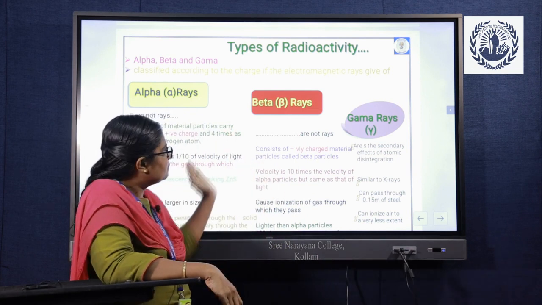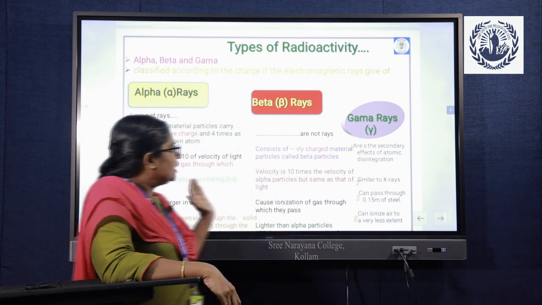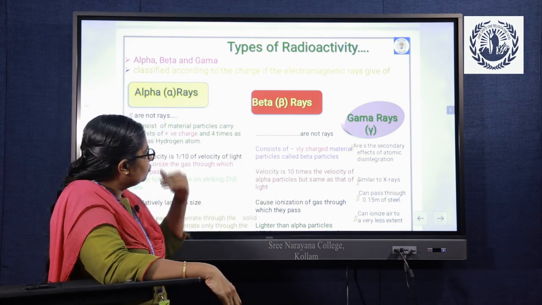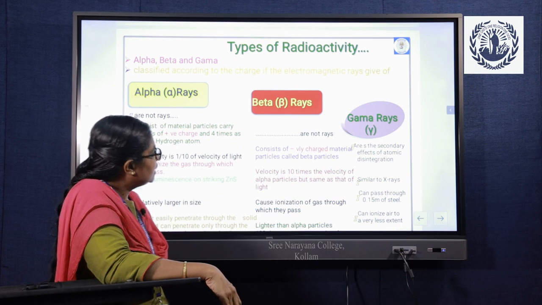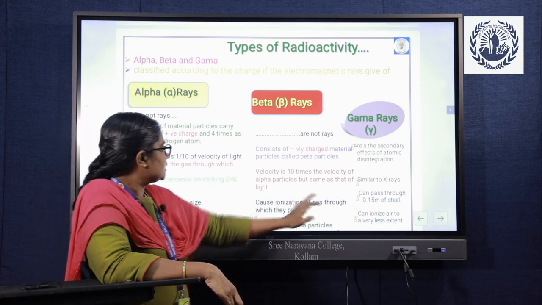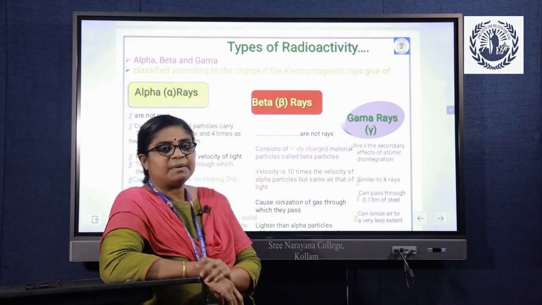So its ionizing power is lesser than alpha particles. Comparing to alpha particles, the size of a beta particle is very small, so it can move very fast. Its velocity is 10 times faster than alpha particles, and it causes ionization through which they pass, and it is lighter than alpha particles.